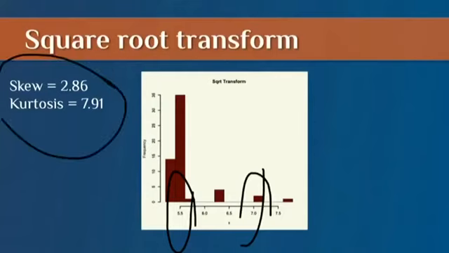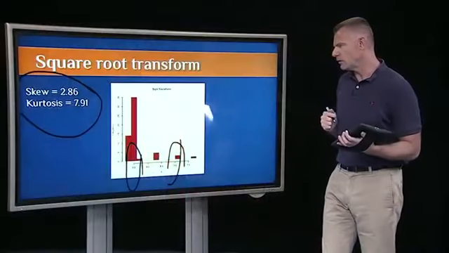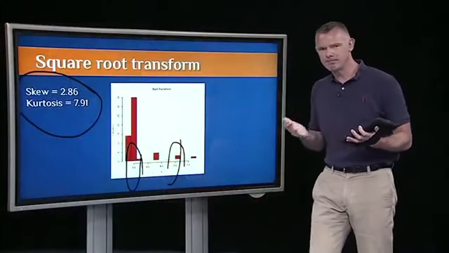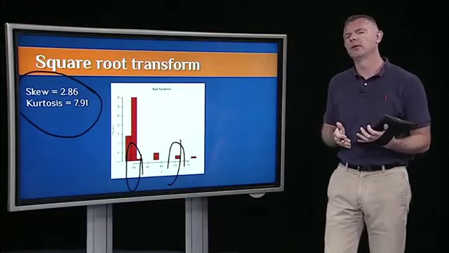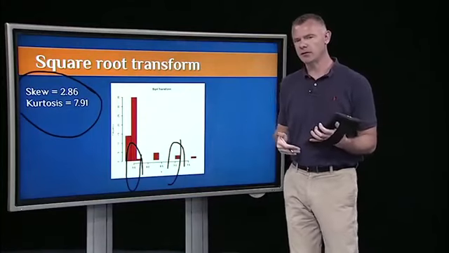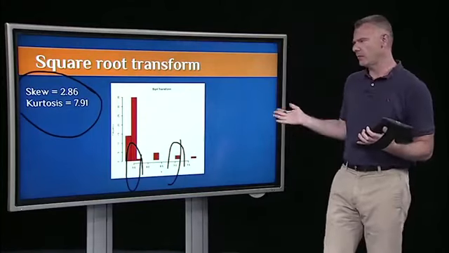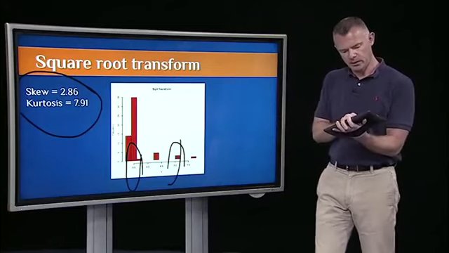Notice it also reduced the skew. I'm now under 3 in terms of skew. It didn't reduce it that much, but it reduced it to the point where now I could say, well, this is normal enough for me to go ahead and do the inferential statistics that we've covered in this course.